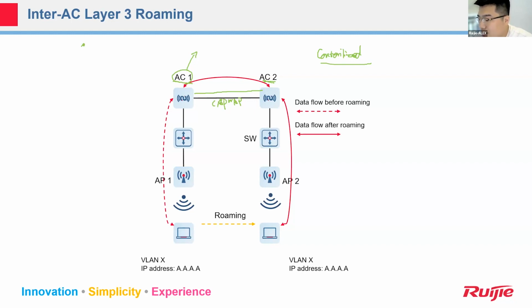It's not necessary to have an AC. The portal authentication is also supported on the cloud, so you just need to enable this function on the cloud. Okay, any other questions?